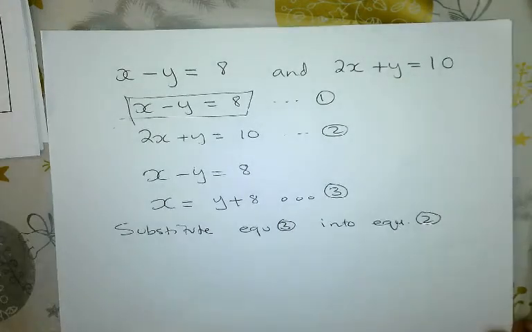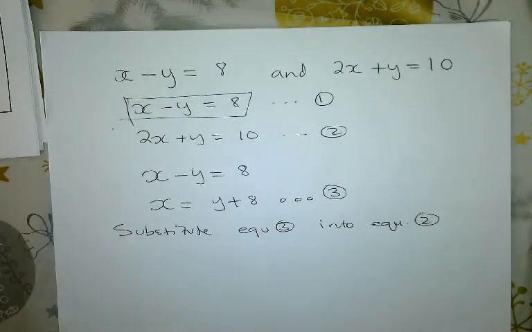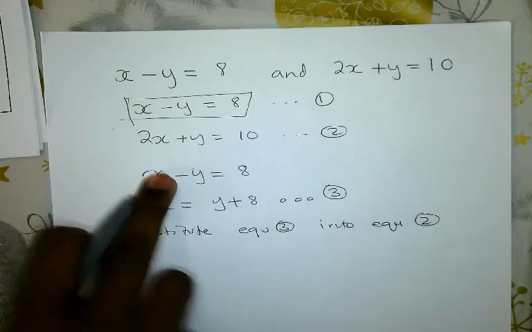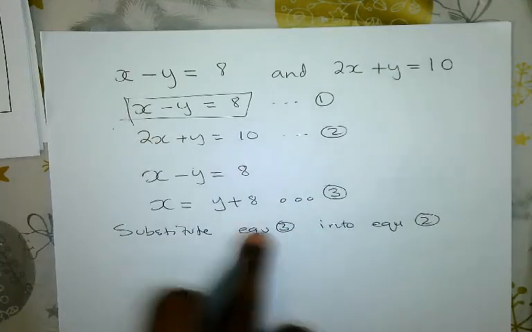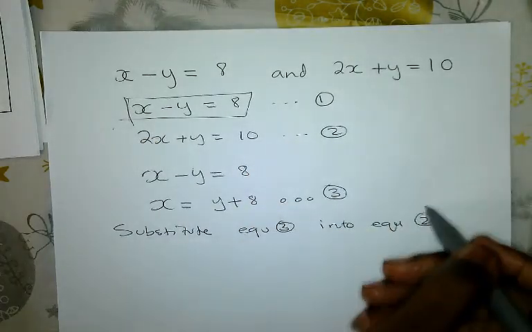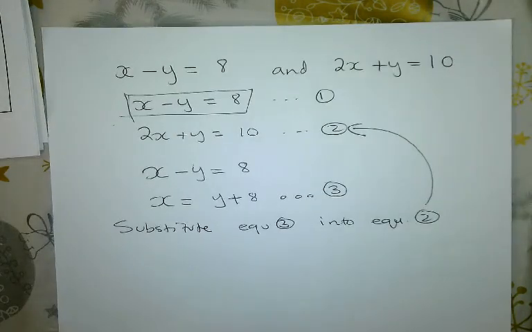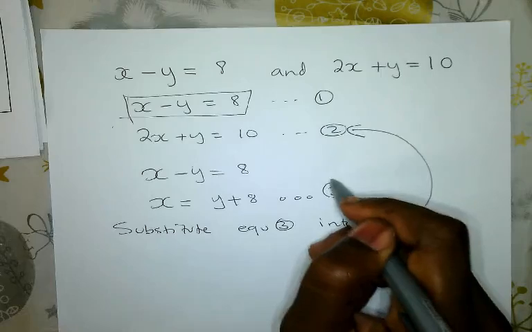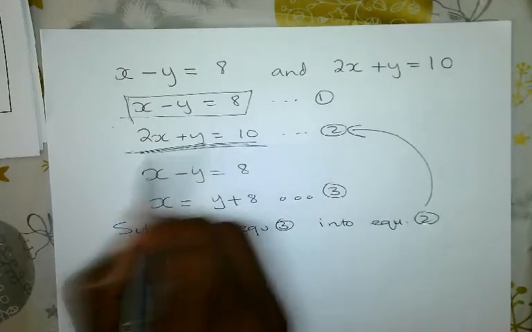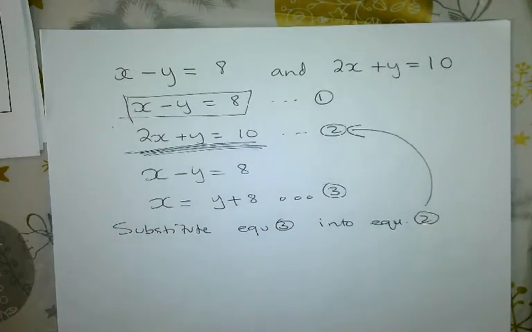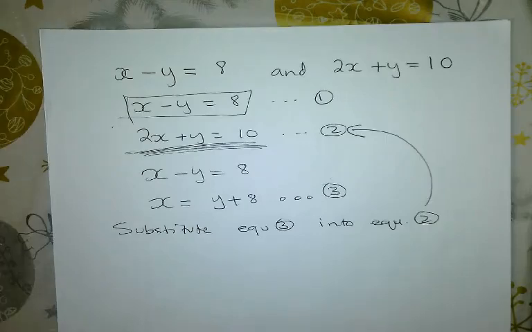So I'm going to take this equation and put it in equation 2. In this case, substitute means replace. Wherever I see x, I'm no longer going to put x. I'm going to replace it by y plus 8.